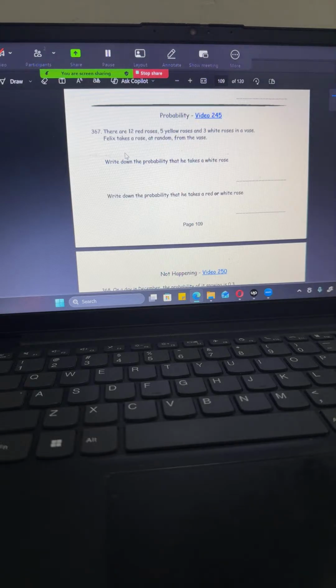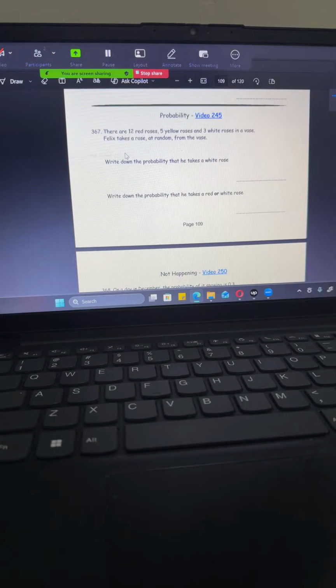There are 12 red roses, 5 yellow roses, and 3 white roses in a vase. Felix takes a rose at random from the vase. Write down the probability that he takes a white rose. Favorable outcomes divided by total number of outcomes.